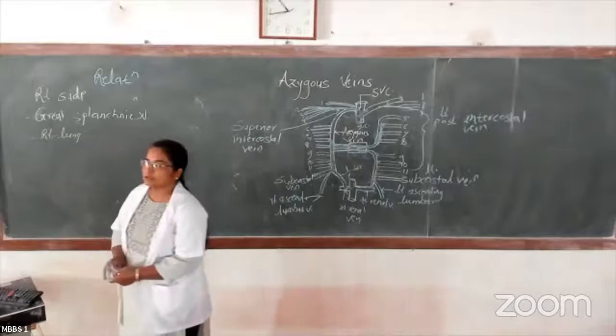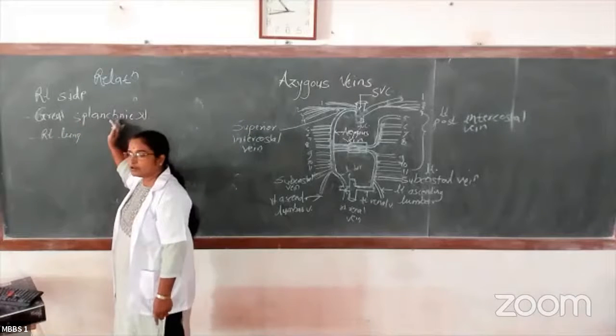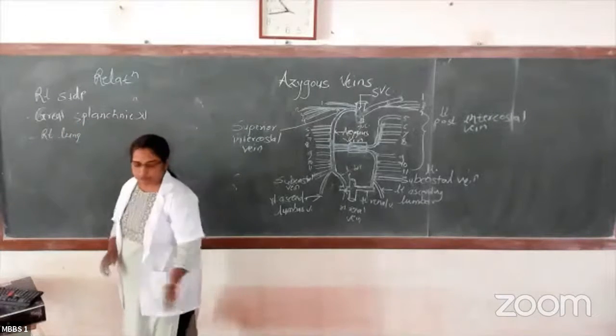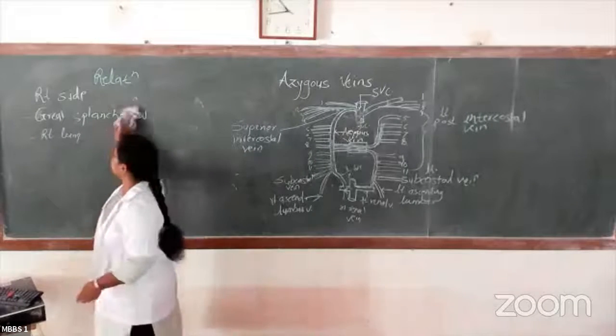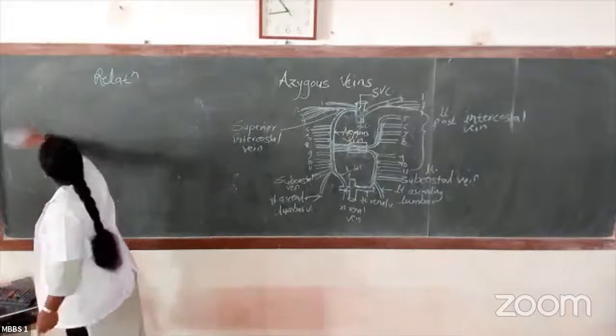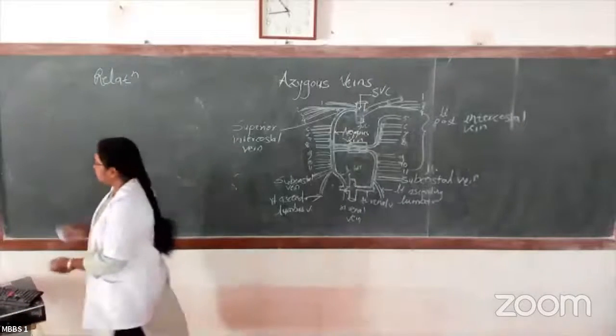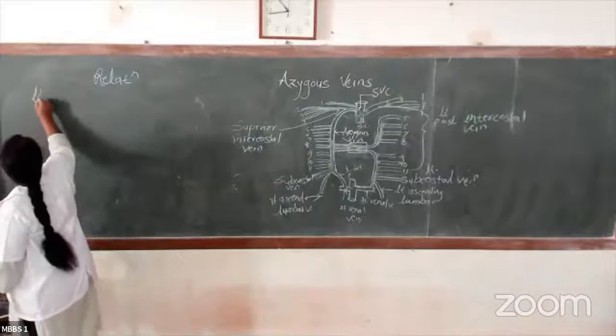So what is present on the right side? That is the greater splanchnic nerve in the lower part, and the arch is related to the root of right lung and pleura. Now what is present on the left side of this azygous vein?